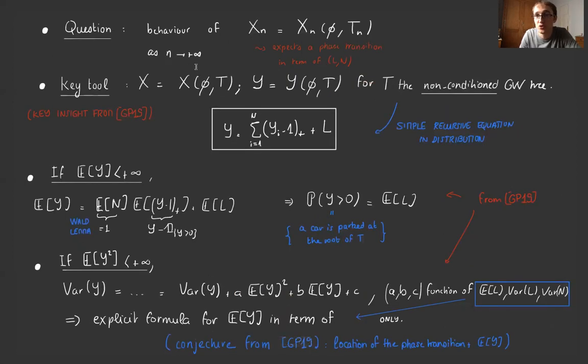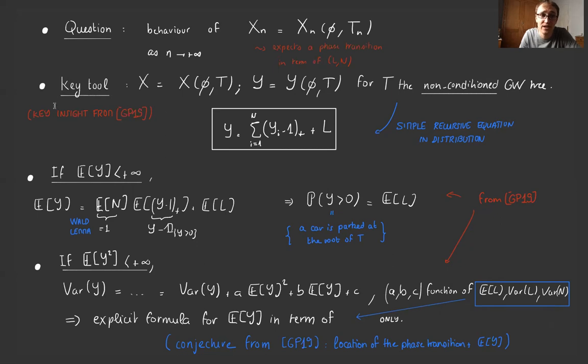Now, the question we'd like to address is the behavior of X_n, which is X of the root for the tree T_n, so the flux at the root in a large conditioned Galton-Watson tree. And we expect to see a phase transition to be phrased in terms of L and N, the car arrival distribution and the offspring distribution.